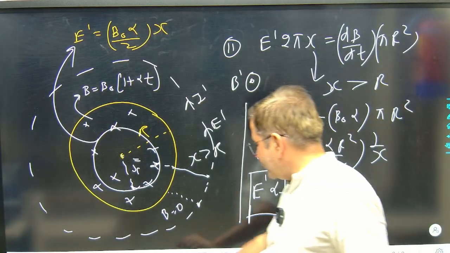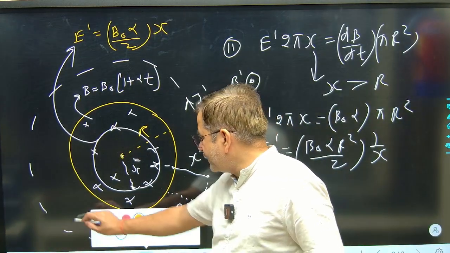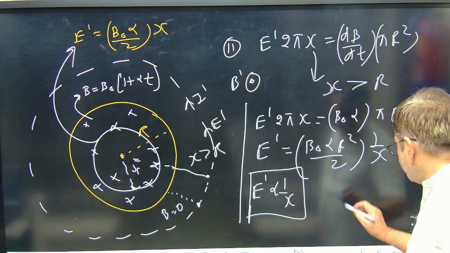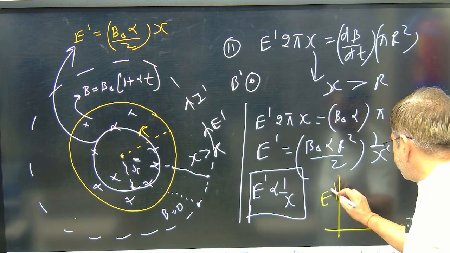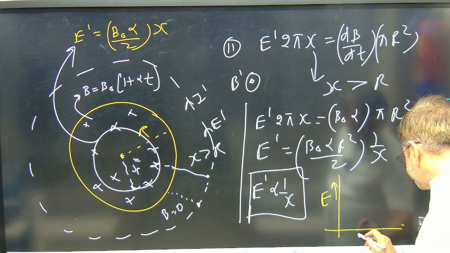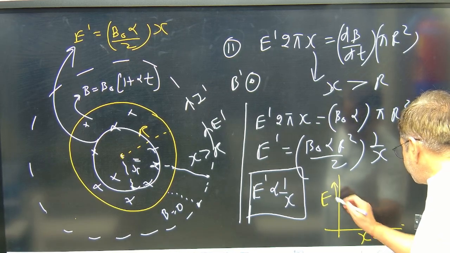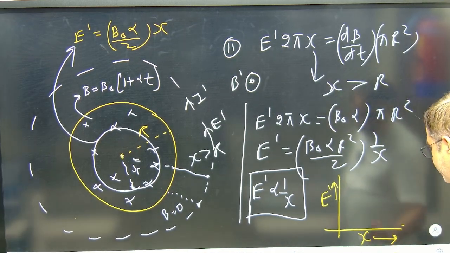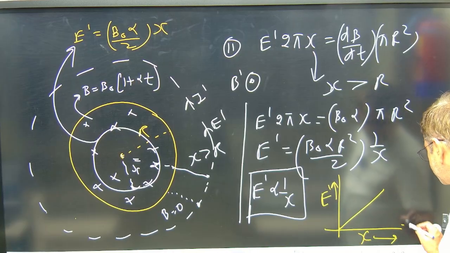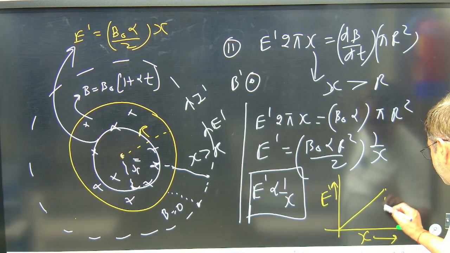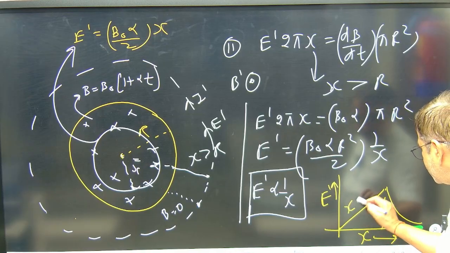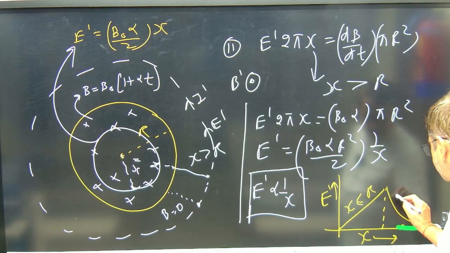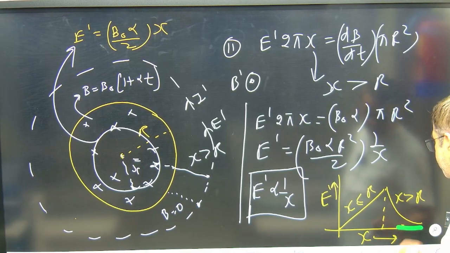If I have to draw the graph, correspondingly I can draw it for the field lines here. You can see this is E versus x, induced field lines versus x. Initially it was varying like this, then again it will go inversely. So this is for x less than R and this is for x more than R, inversely proportional.